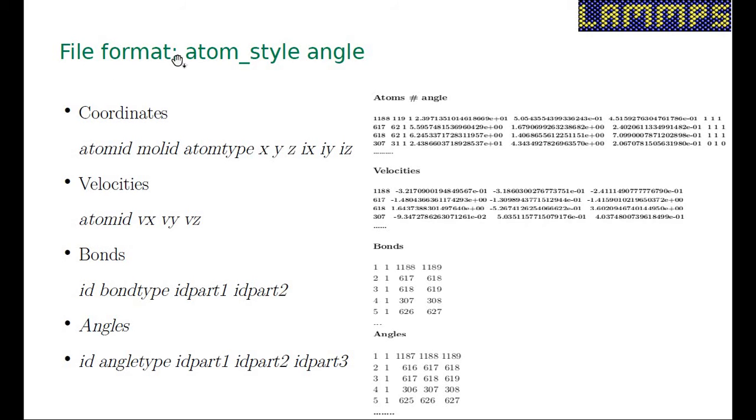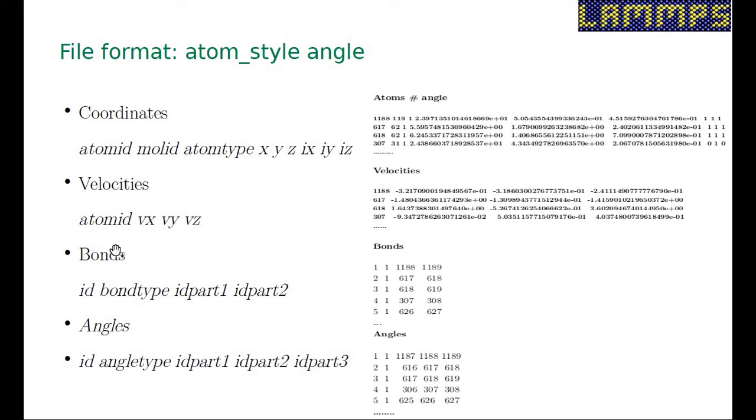Right, so the file format for atom style angle is very similar to the bond atom style. So in here the coordinates are specified in the same fashion as for the bond atom style. So atom ID, molecule ID, atom type, the Cartesian coordinates, and then the velocities, so the atom ID and the velocity Cartesian components.